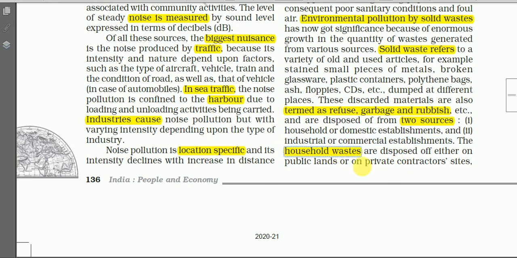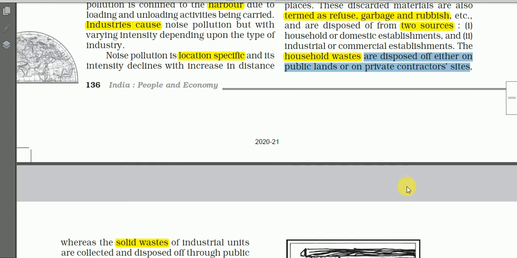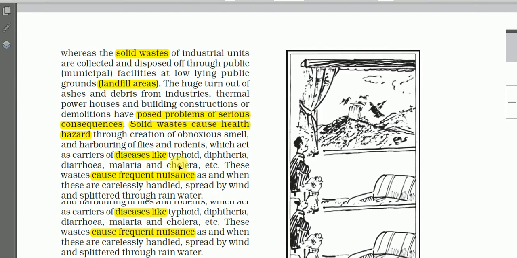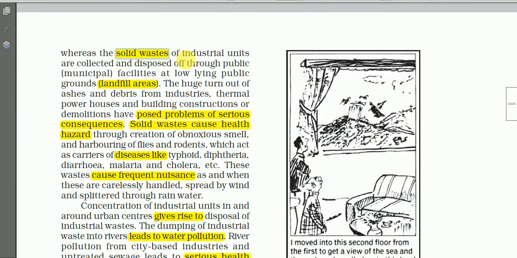Household wastes are disposed of either on the public lanes or on private contractor sites. Sometimes they are disposed of on the side of the roads also, as you may be seeing in the big cities. Whereas the solid wastes of industrial units are collected and disposed of through the public municipal facilities at low-lying public grounds or landfill areas.